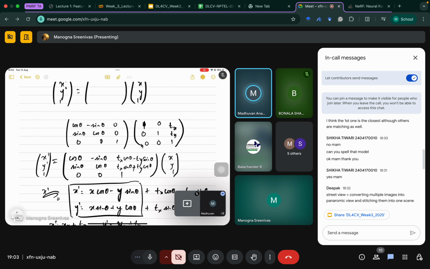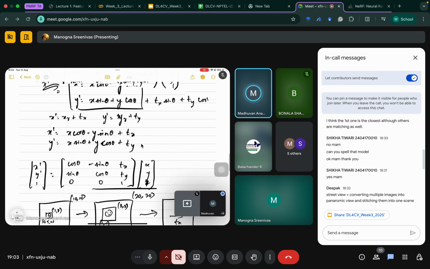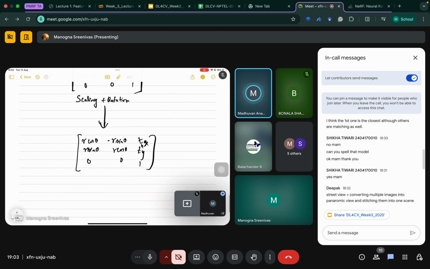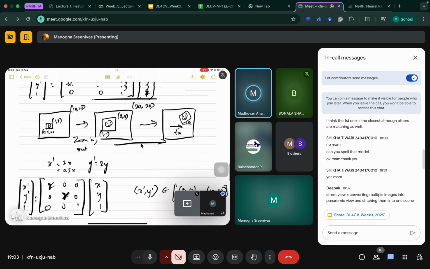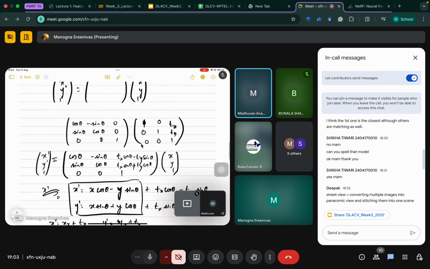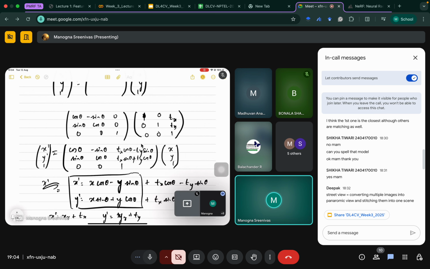Ma'am, but we first did rotation and then translation in the equations that you wrote. But when we are multiplying those matrices, we have multiplied the translation matrix on the right side and the rotation matrix on the left side. I think if we interchange it, it may work. Yeah, if we interchange, it will be different.